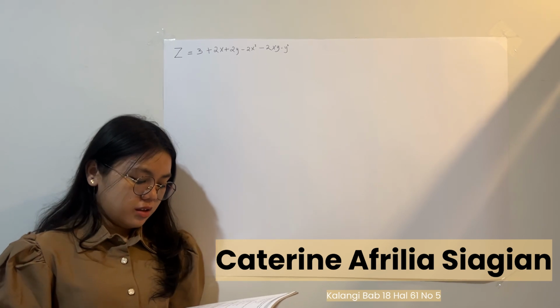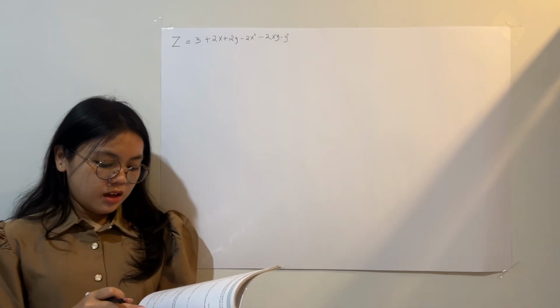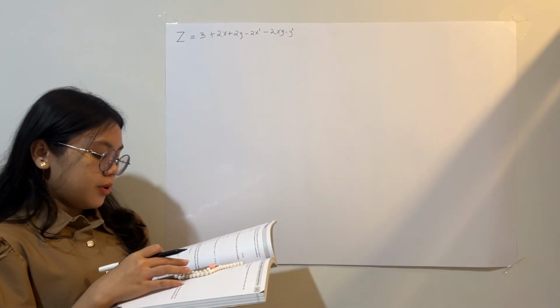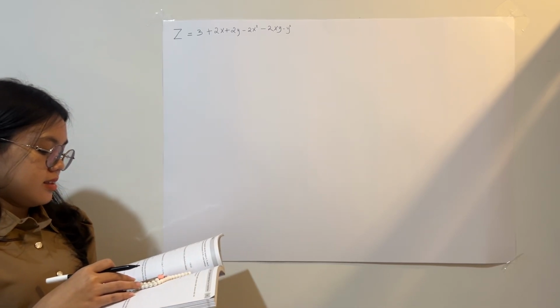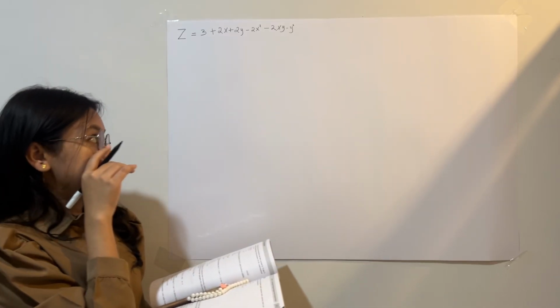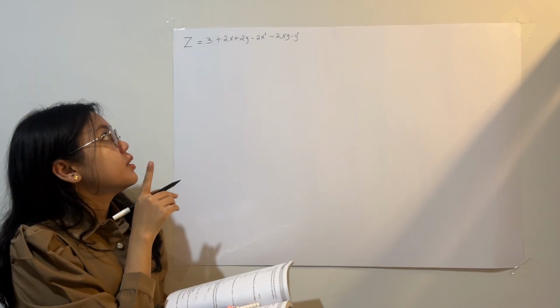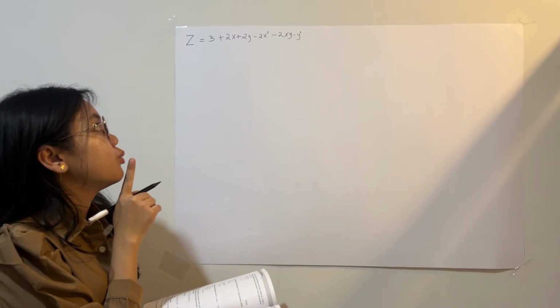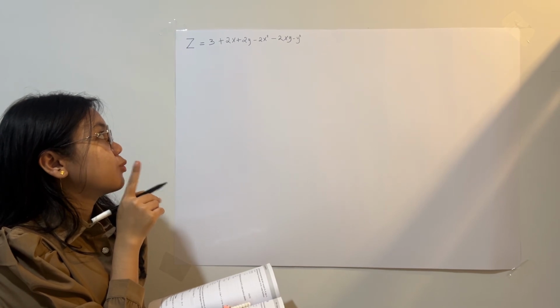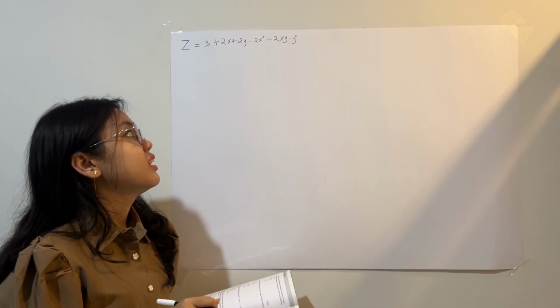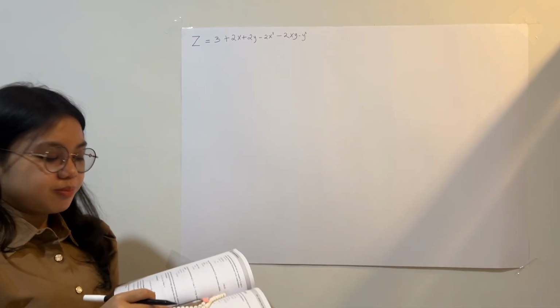I will now present how to find the critical point and determine whether it is a relative maximum, minimum, or saddle point. So the function is z equals 3 plus 2x plus 2y minus 2x squared minus 2xy minus y squared.